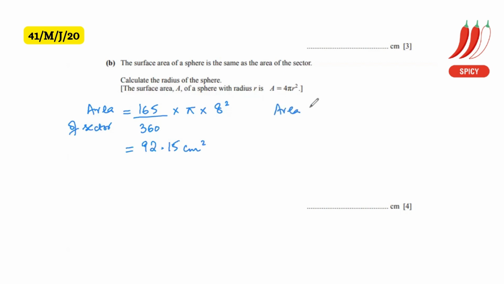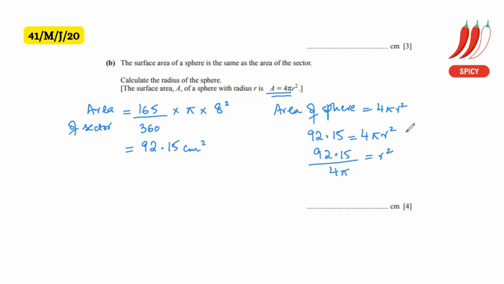Now the area of a sphere is 4 pi r square, which is also mentioned in the question. So since the sphere has the same surface area as the sector and they want us to find the radius of the sphere, 92.15 is equal to 4 pi r square. 92.15 divided by 4 pi equals r square.